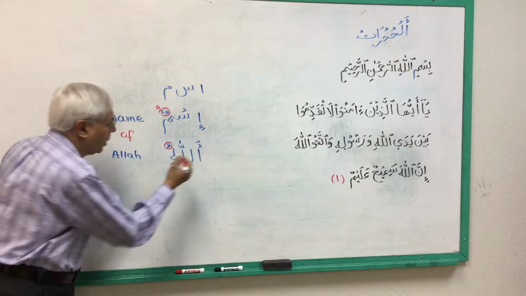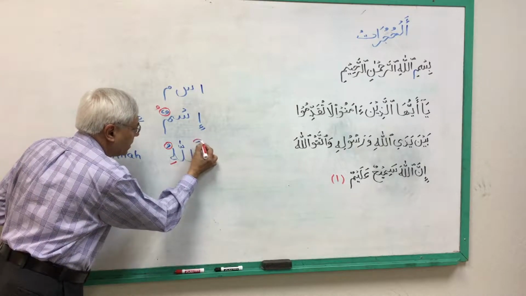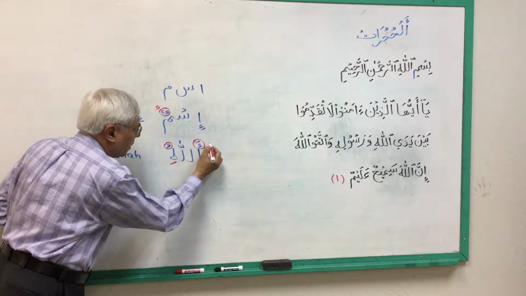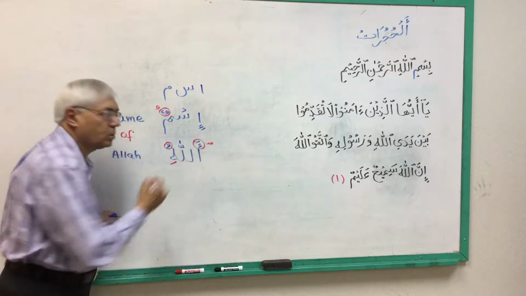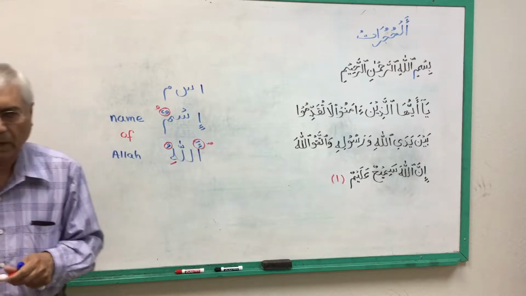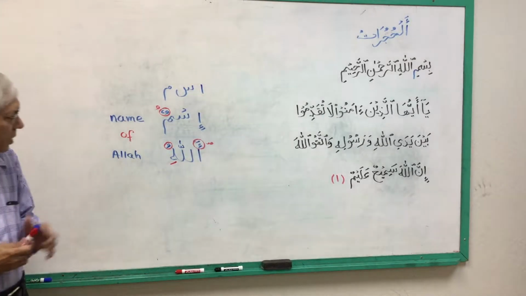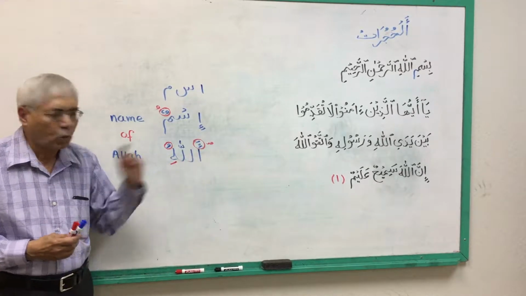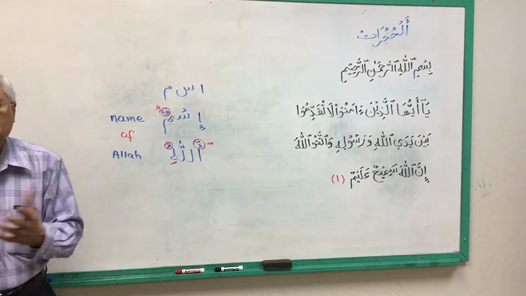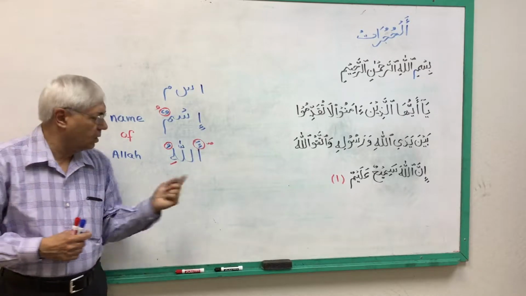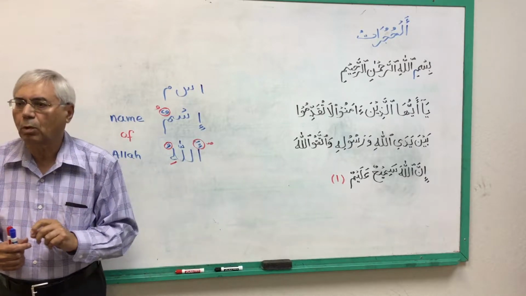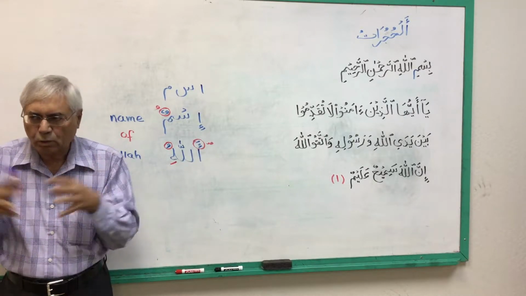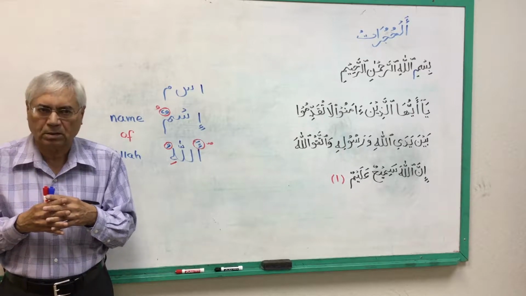So we change this harakat here by a small swad. This little symbol is swad. This letter now is called hamzatul wasl. Wasl means to join two things.